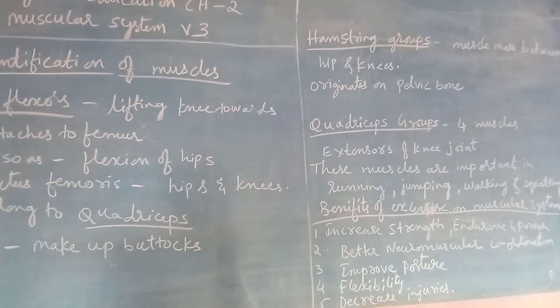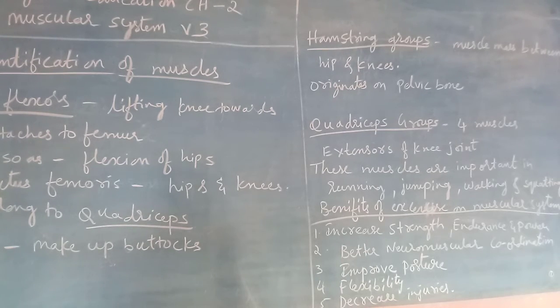Then quadriceps. Quadriceps means 4 muscles that help in running, jumping, walking, squatting. When you perform such activities, the quadriceps will be stretched, the fat in the quadriceps will be reduced, and you will get strength.